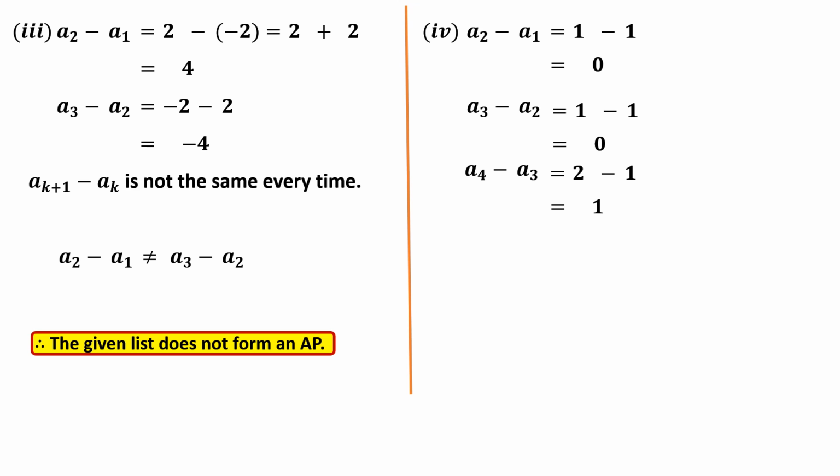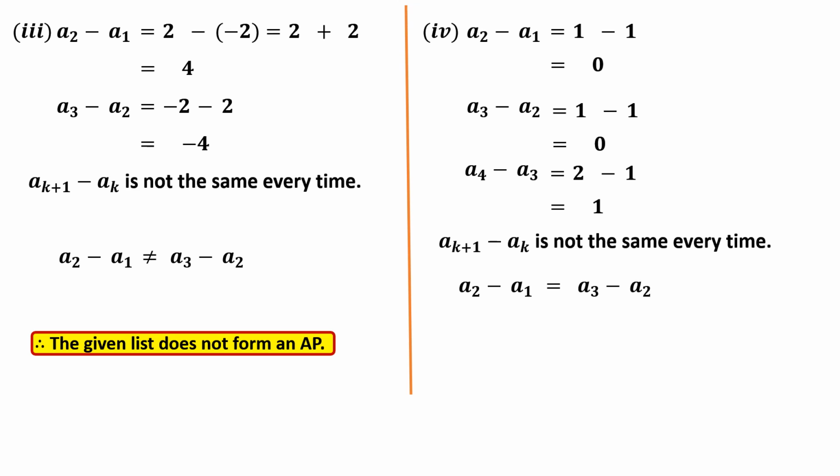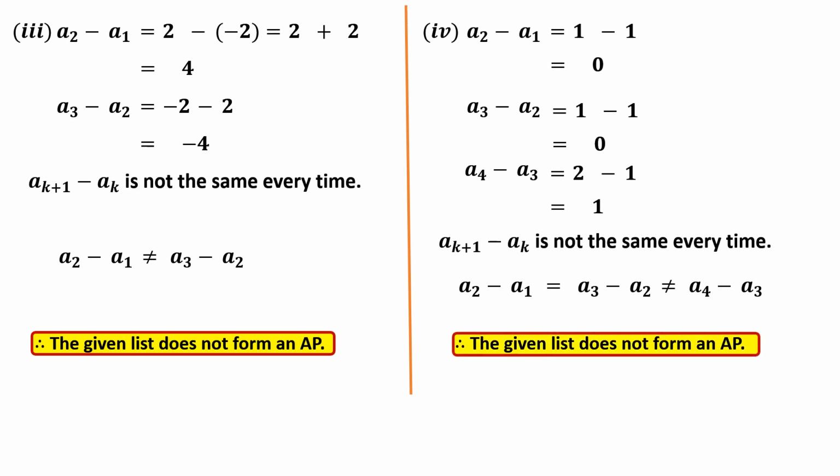Does the list form an AP? No, because A(k+1) minus A(k) is not the same every time. A2 minus A1 is equal to A3 minus A2, but this is not equal to A4 minus A3. Therefore, our conclusion is the given list does not form an AP.